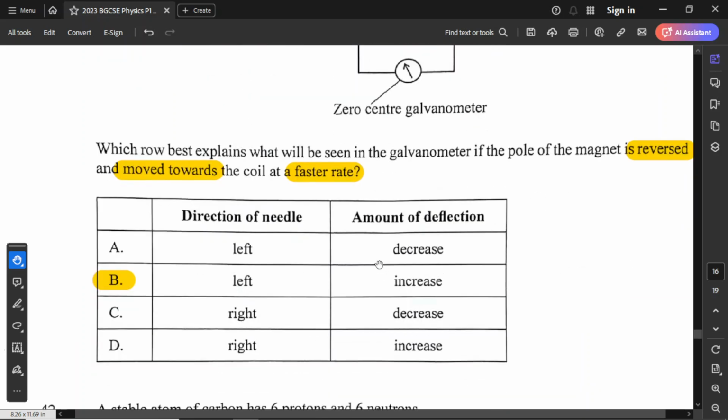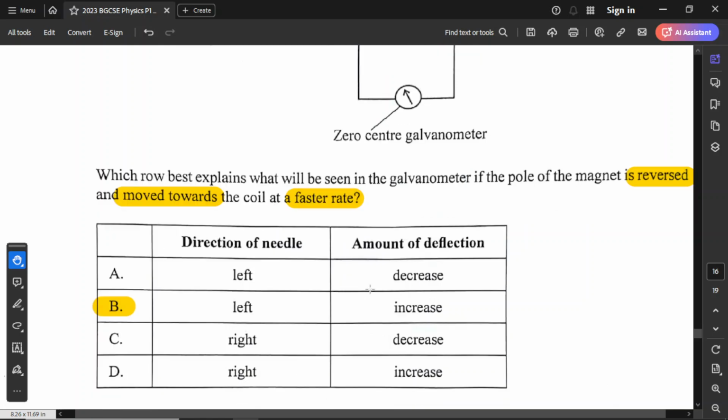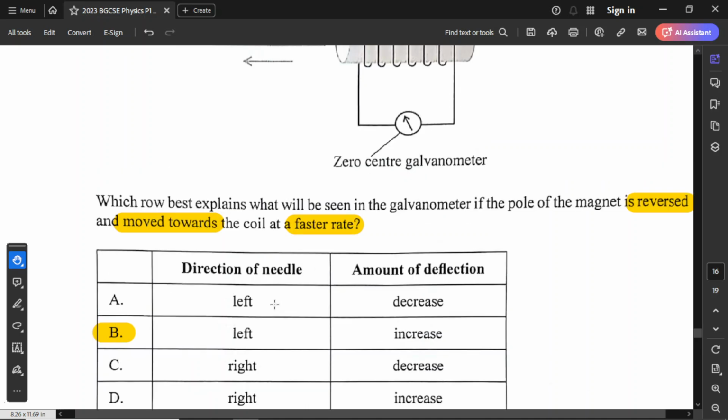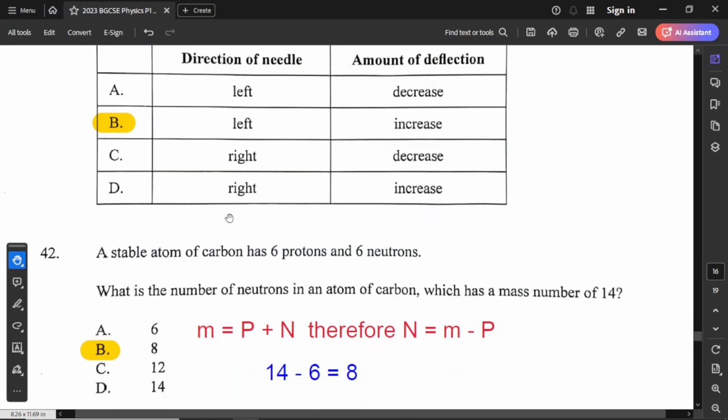And it will increase, because faster insertion and removal of the magnet in the coil gives you a greater, faster deflection. So the answer here is B, simply because it's reversed but you're going towards the coil, which is opposite to the scenario shown.